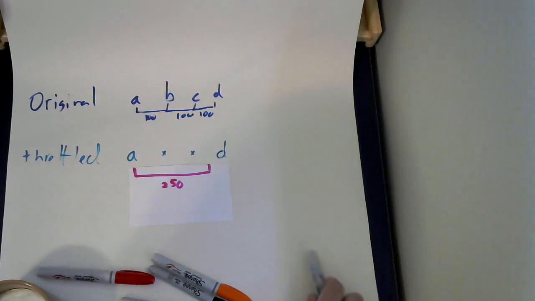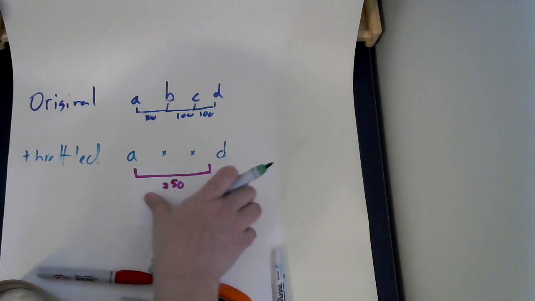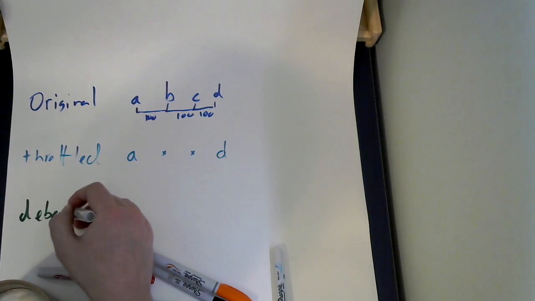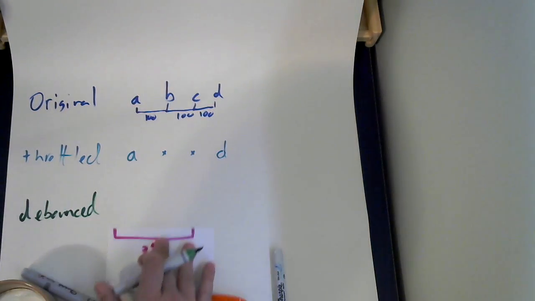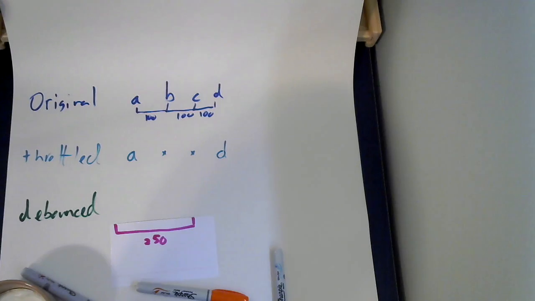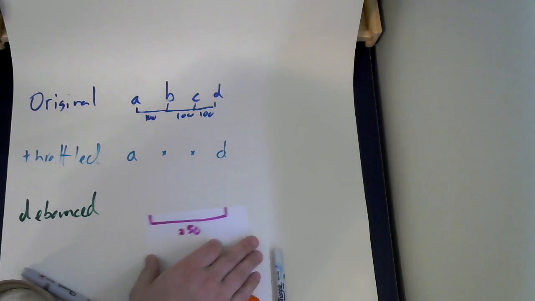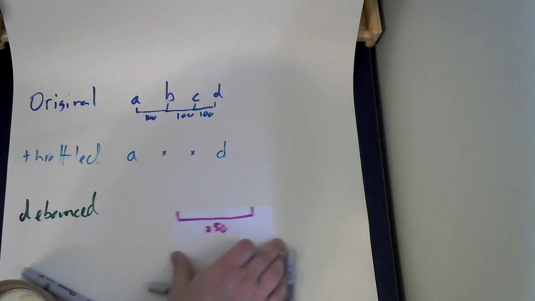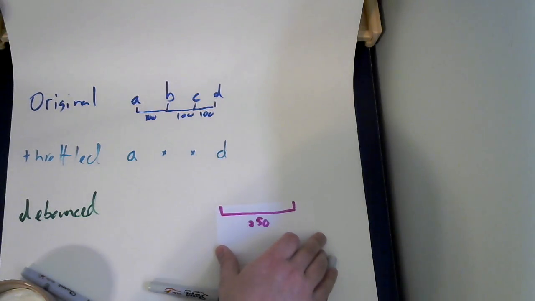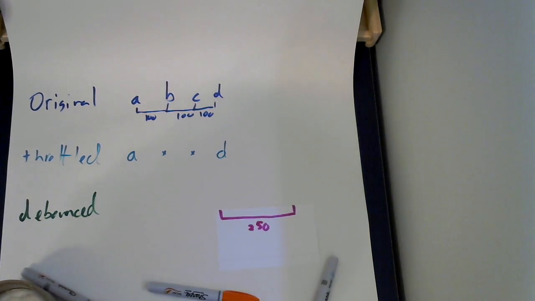In the debounced version, what'll happen is that A will come in, and B will come in, and C will come in, and D will come in, and then each of these has basically canceled each other out.